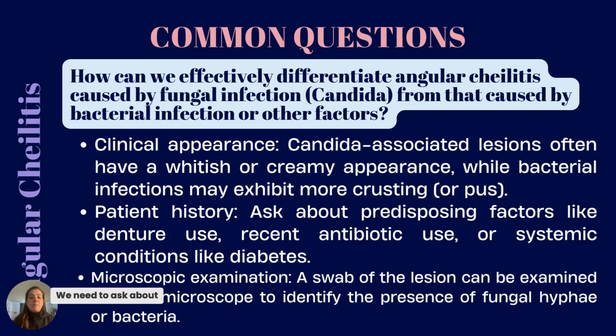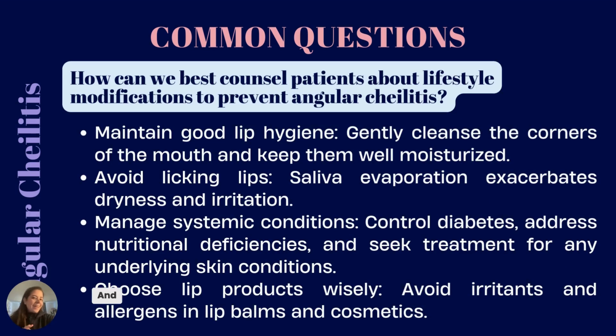We need to ask about predisposing factors like the use of dentures, recent antibiotics, or some systemic conditions such as diabetes. And lastly, microscopic examination. A swab of the lesion is going to help us identify the presence of Candida or bacteria.